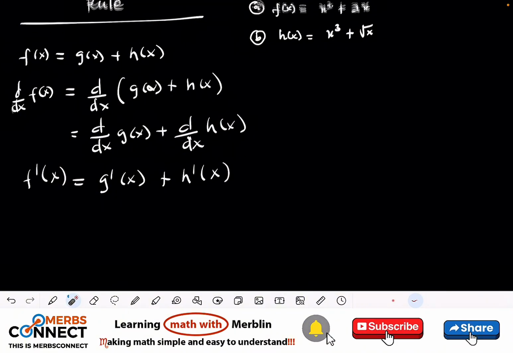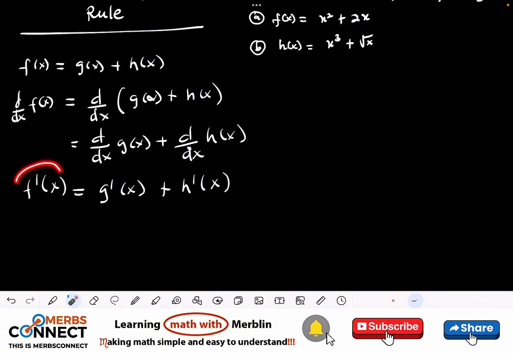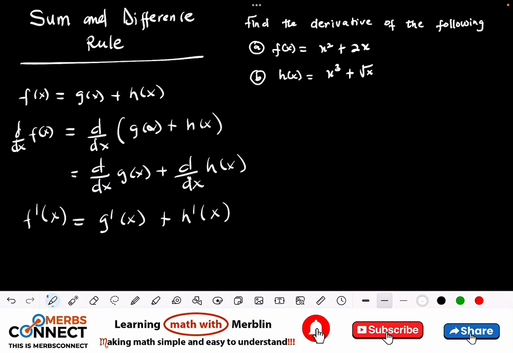So the idea with the sum rule is, if I want to differentiate f, then I just need to differentiate the function here plus differentiate the function here. That is the sum rule. If it is the difference rule, then this will just change to minus. That's all.